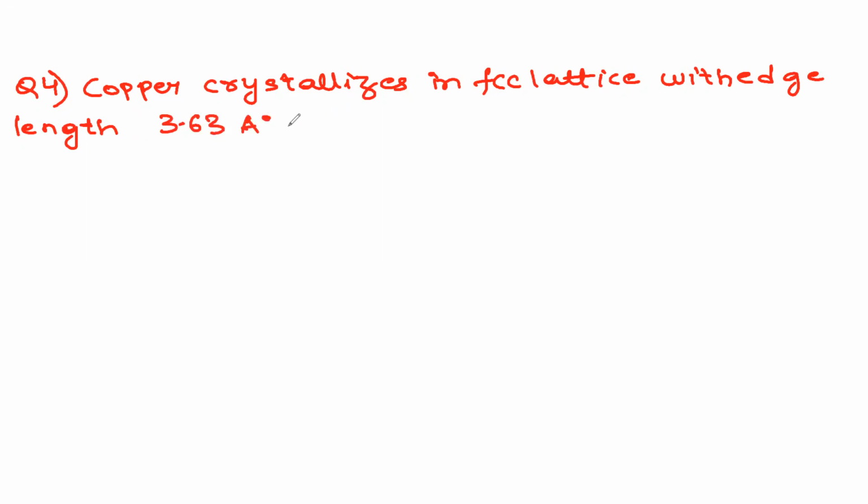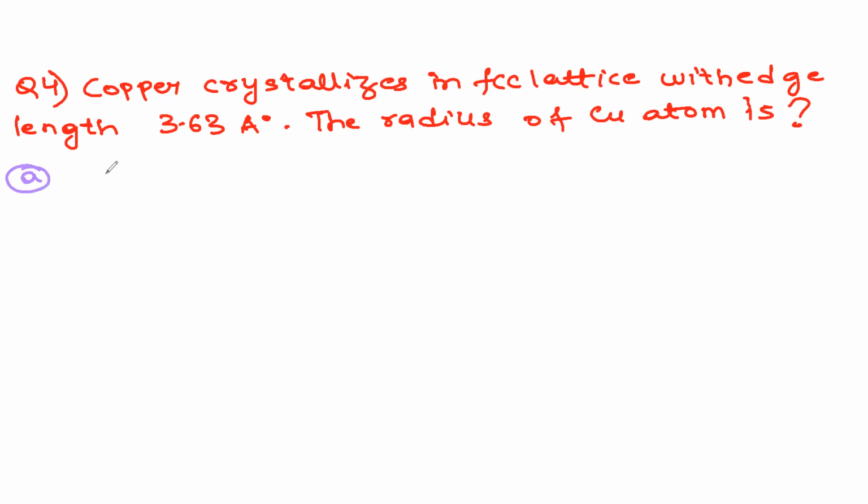The radius of copper atom is. So in the previous question, they had given simple cubic. Now they are giving copper in place of a generic metal. Copper crystallizes in FCC lattice with edge length 3.63 angstroms.